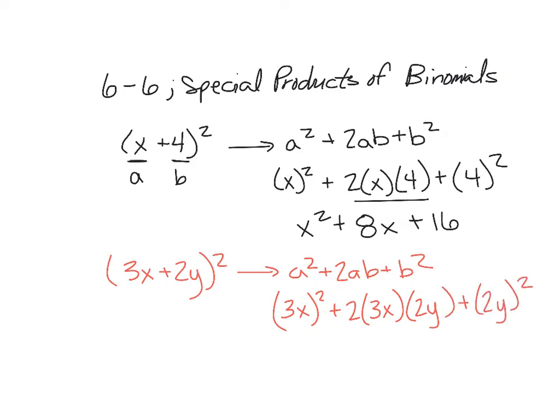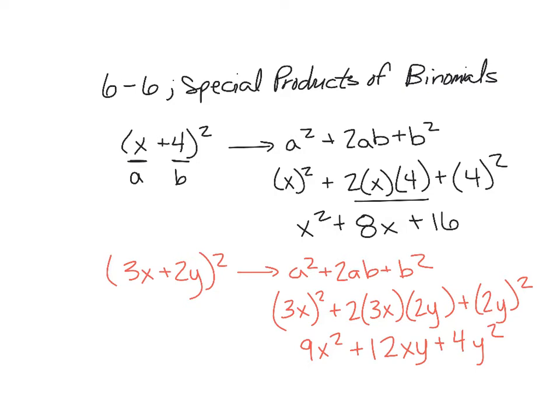And that squared on the 3x makes that 9x squared plus 2 times 3 is 6 times 2 is 12xy plus 2 squared is 4 and then y squared. So really all that does is it takes off having to combine the middle terms. But some people may like that a little bit more.